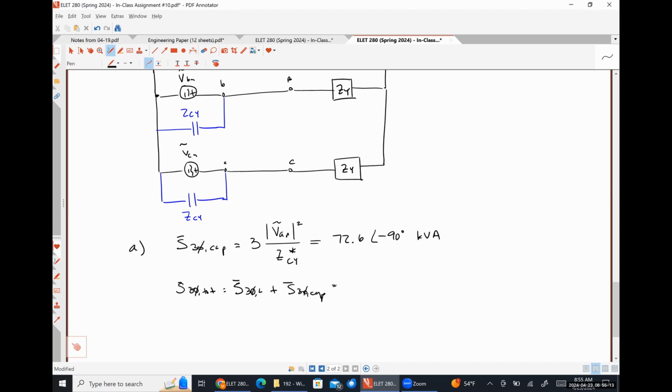I get 155.216 with an angle of 14.896 degrees kVA.